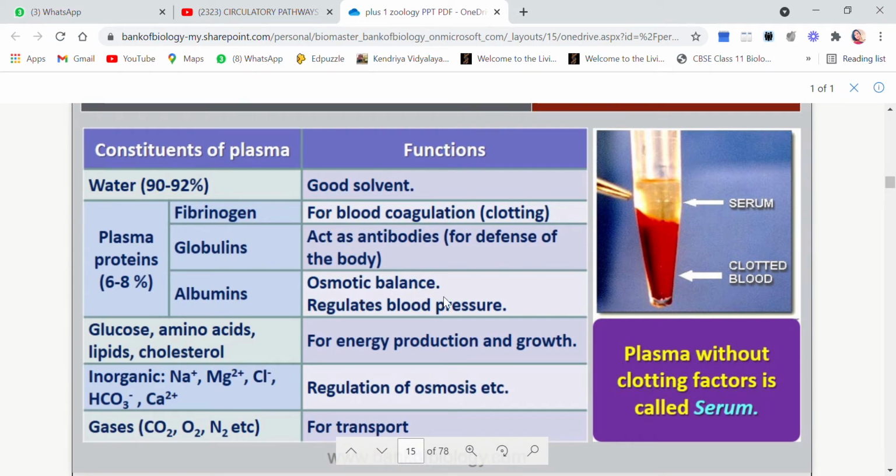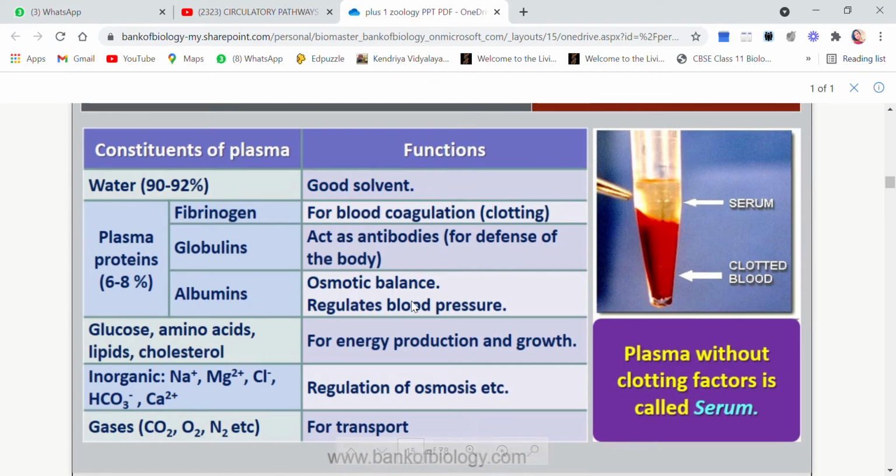Now what do you mean by osmotic balance? Children, you must have heard the word osmotic pressure. And even if you have not heard the word osmotic pressure, of course you must have heard a word called osmosis. Now osmosis always takes place from higher concentration to lower concentration through a semi-permeable membrane. If the movement is taking place from high to low, why is this movement done?